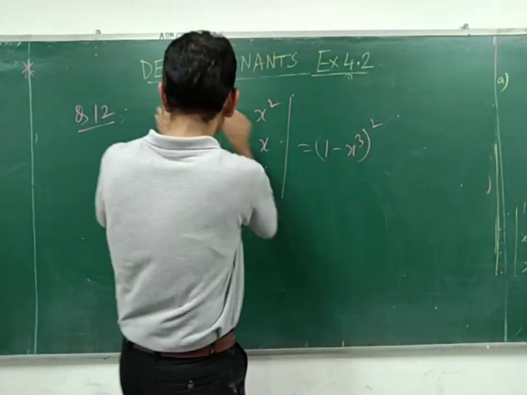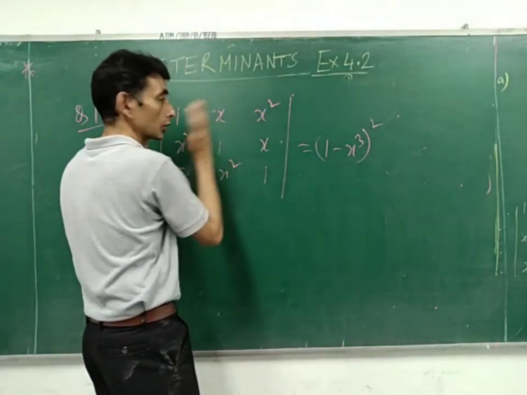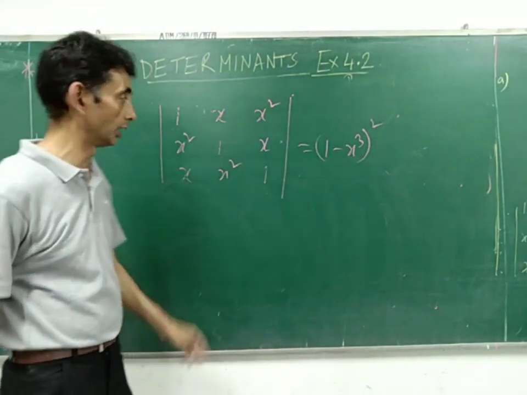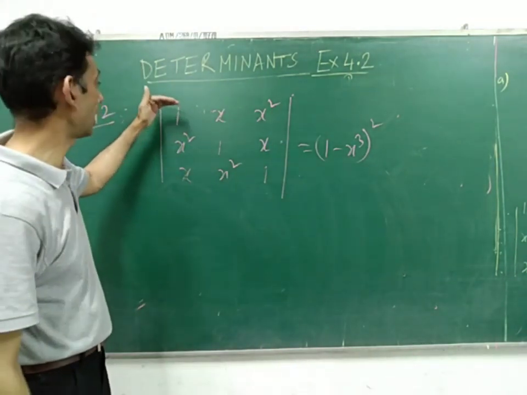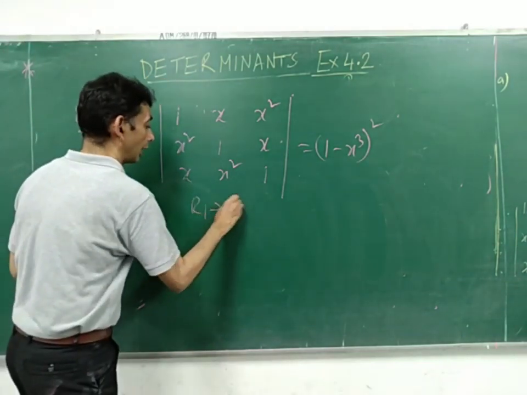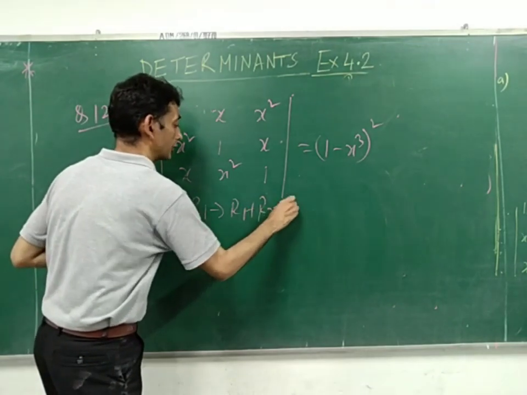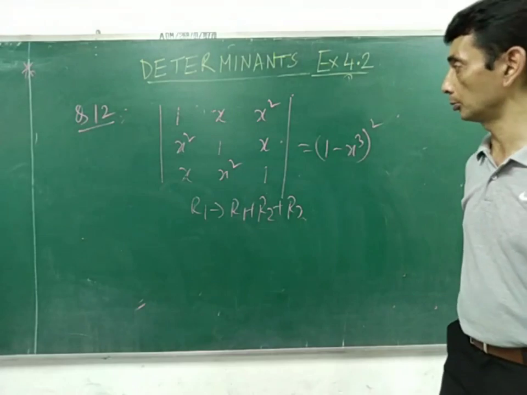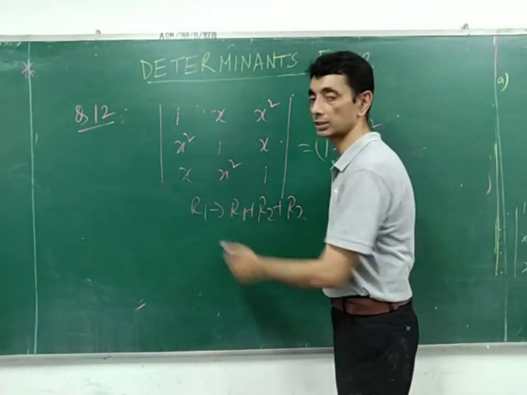If a term is common in a particular row or column, we can take it out, and then all the entries will be 1, 1, 1. So here we can apply R1 plus R2 plus R3. I know there will be a question in your mind at this moment: why don't we use column operations here?